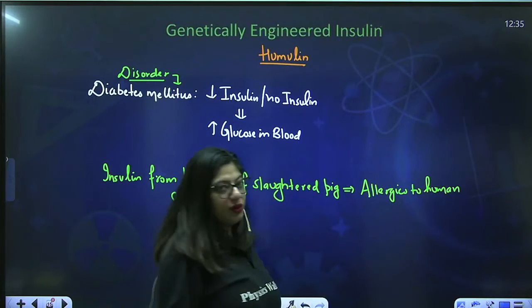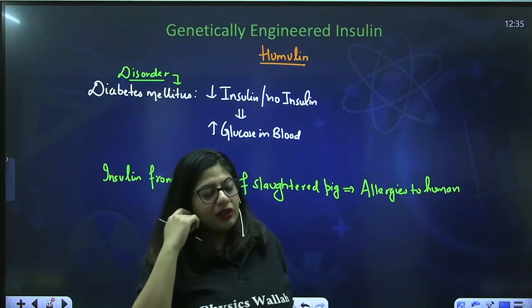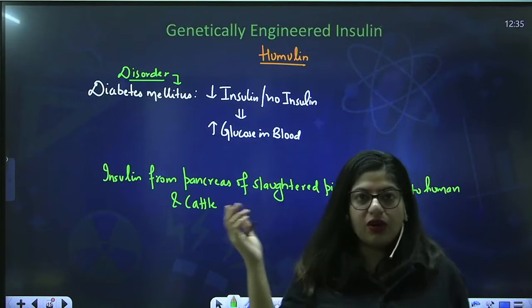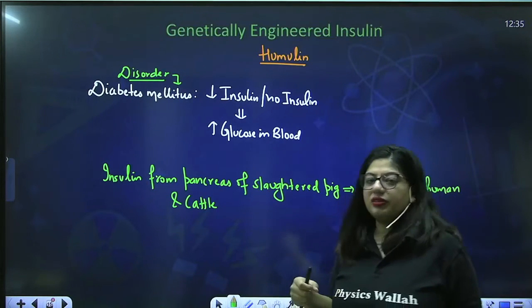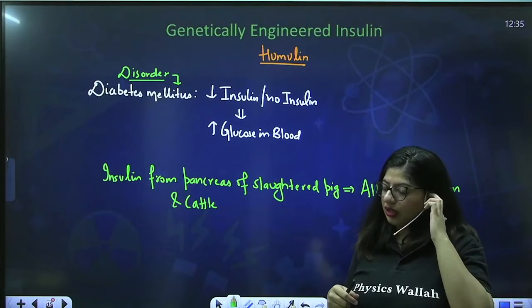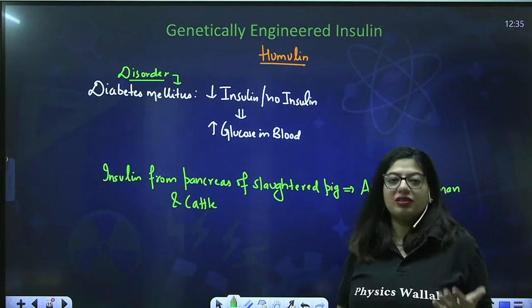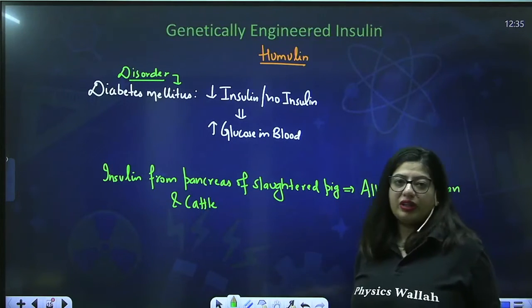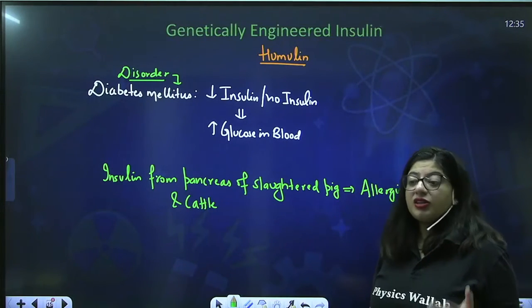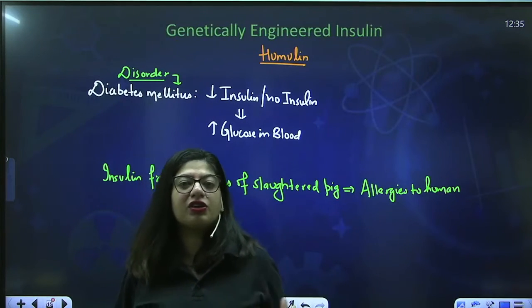So they were also not good. A person could get rid of the disorder, maybe it could be relaxed, right? But another thing that got heightened was allergies, because this is a foreign protein coming from a pig or a cattle. So there was a need to produce the exact same insulin, which is human insulin.